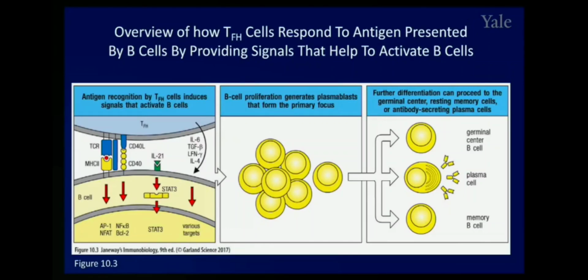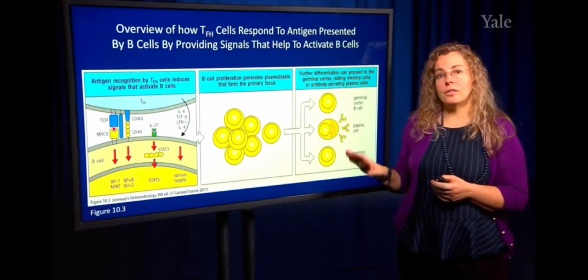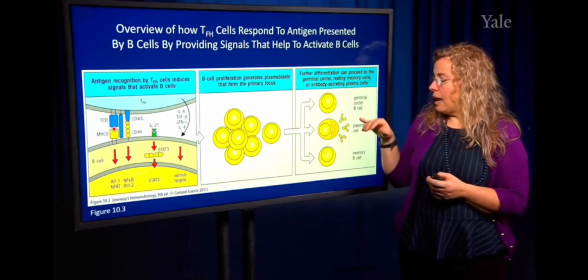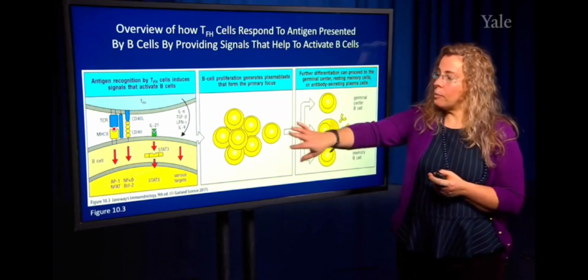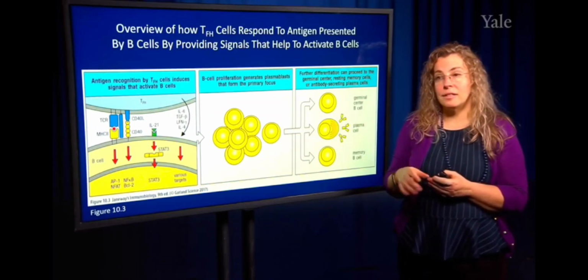That interaction between the B cell and the T cell is very important for antibody production. Cytokines are also produced by the T cell. The first thing that happens is that will induce the B cell to proliferate. Then it will ultimately go on to form a germinal center, and then again those plasma cells or memory B cells. So we're going to break down the processes that occur at each one of these steps.